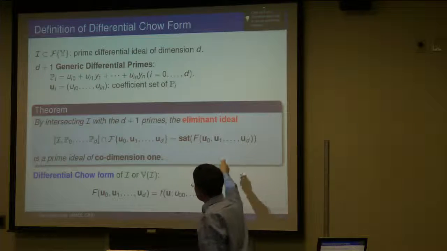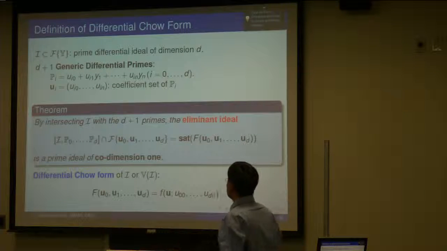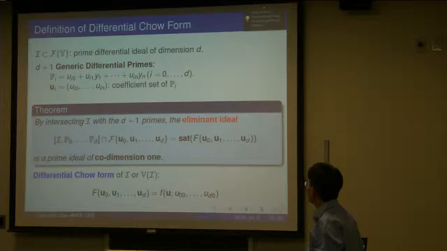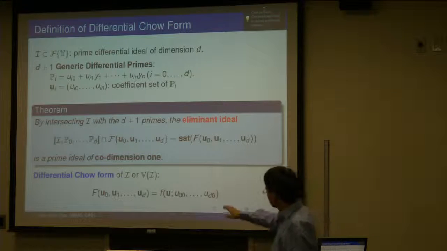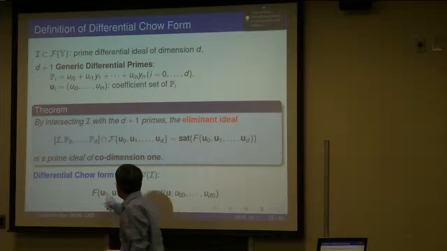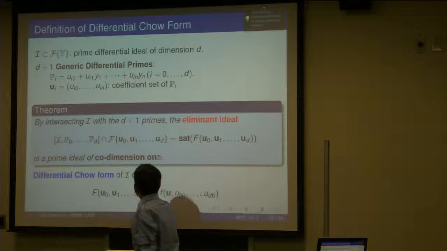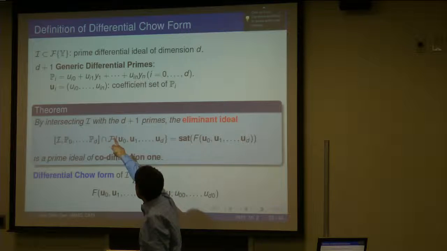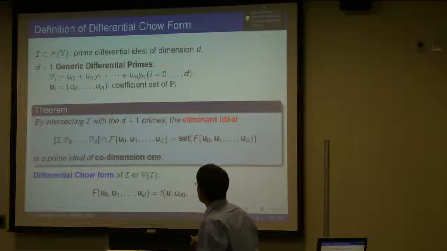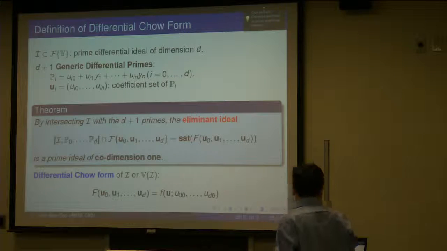And then we get one polynomial. This is always a prime differential ideal of codimension one, and this is defined as the Chow form. The Chow form is basically a polynomial in u0 to ud, where each u_i is a set of n variables, so it's d plus 1 times n variables. So this is the differential Chow form.